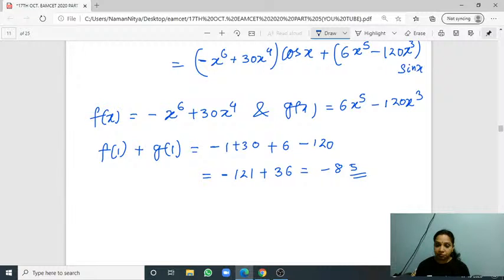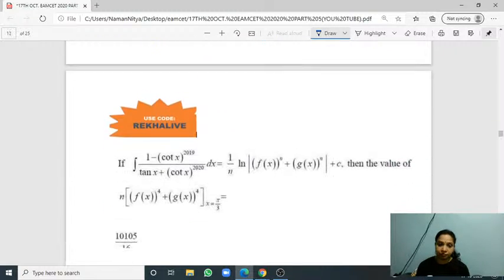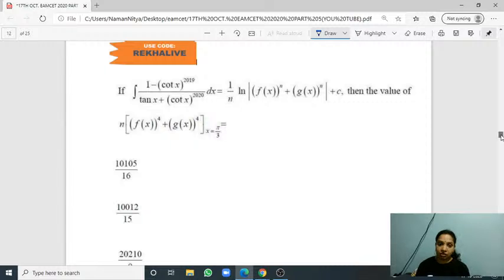Okay, so now let me move to the next question. Yeah, this is also again a big question. This is the third question. So here we have integration of (1 minus cot x) whole power 2019 divided by (tan x plus cot x) whole power 2020 dx, and this is equated with 1 by n log of (f of x) whole power n plus (g of x) whole power n plus c.